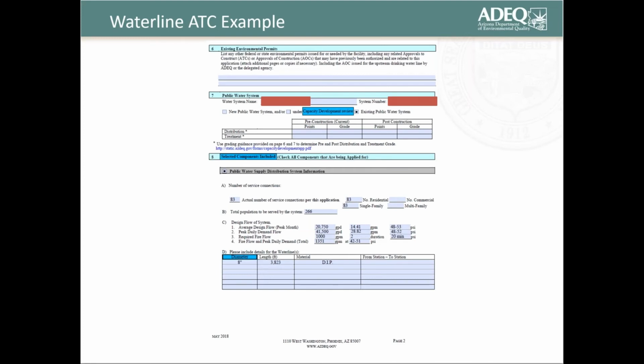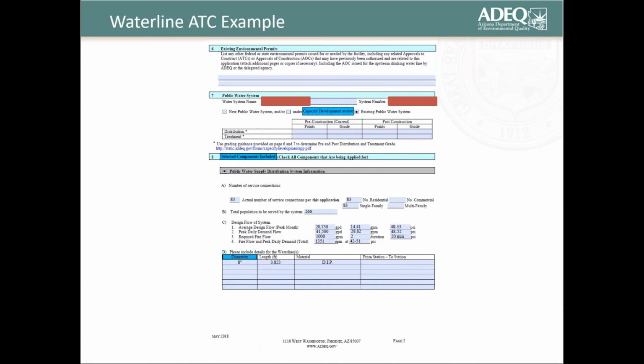So for this project, it is 83 service connections. It's 83 residential, and it's single family service connections. So this helps us out, especially with the ATC description. We usually include this information on there.